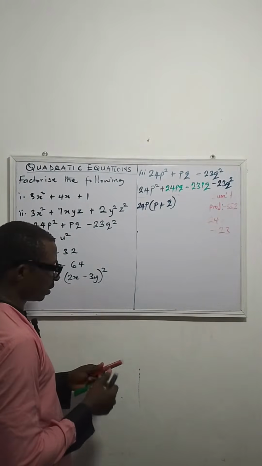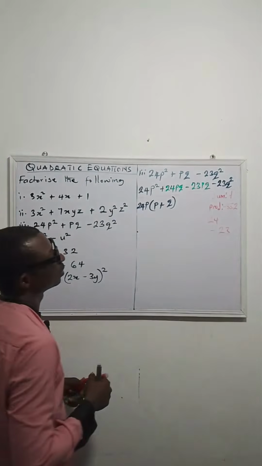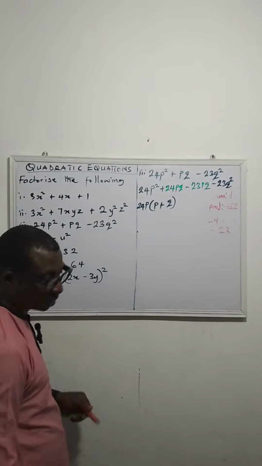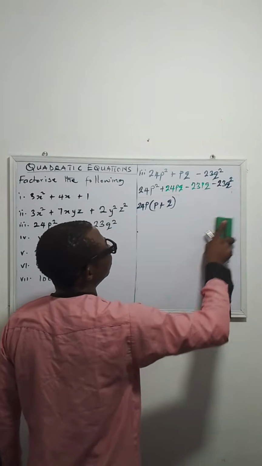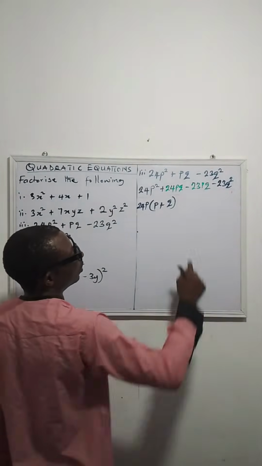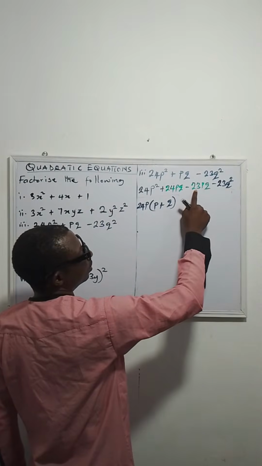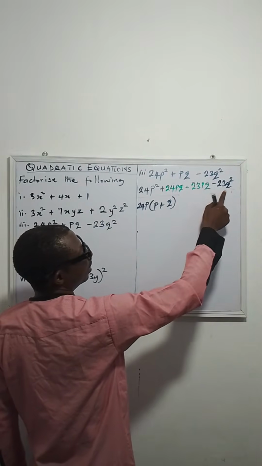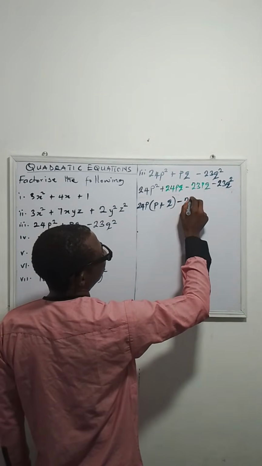Now let's look at the second pair here. What is the GCD? The GCD is negative 23q, because q can go here, q can go here. Negative 23 goes here, it also goes here. So we have negative 23q.